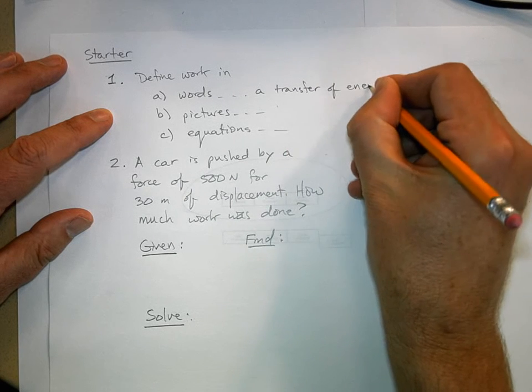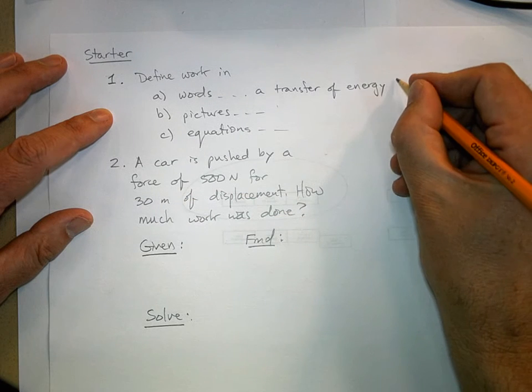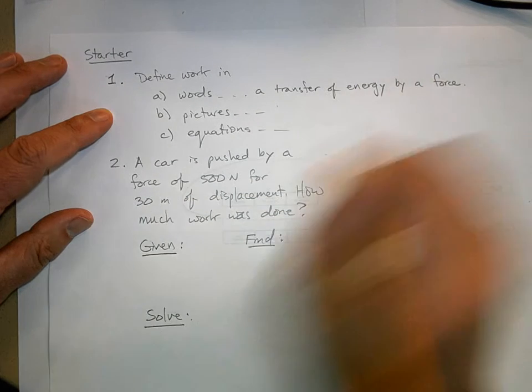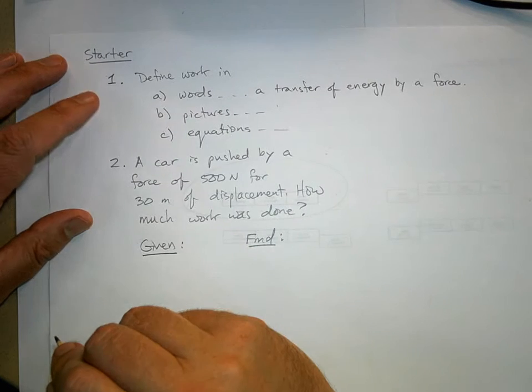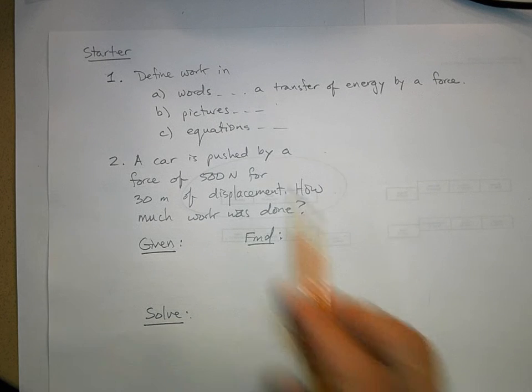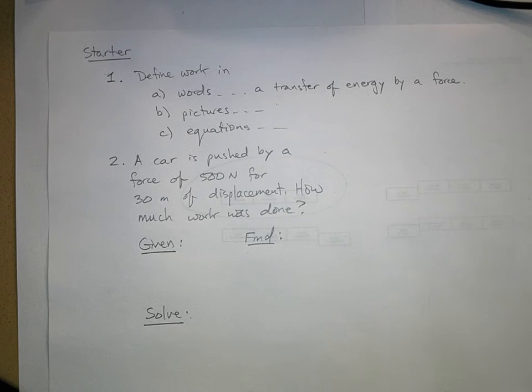Did you call it a transfer of energy? By a force. So we talked about energy transfers before. Work, waves, electricity, that sort of thing. Work is when we transfer energy by applying a force to something.